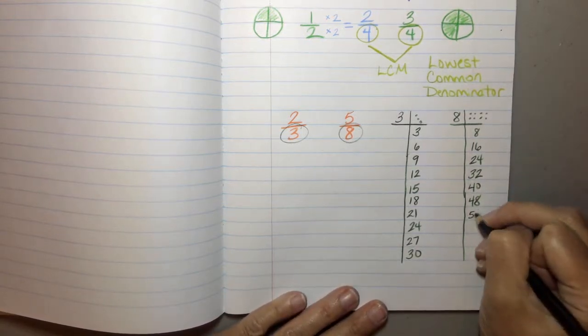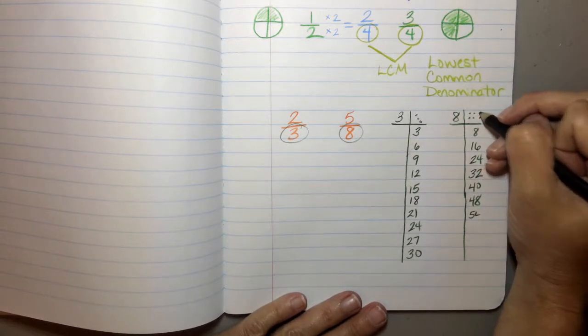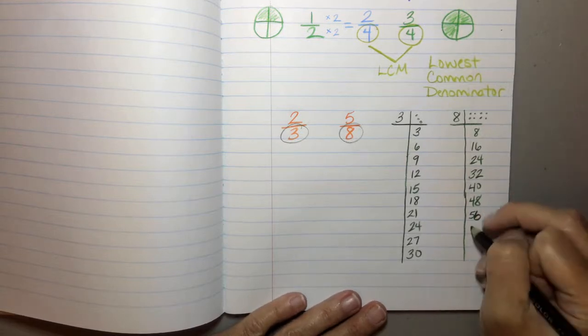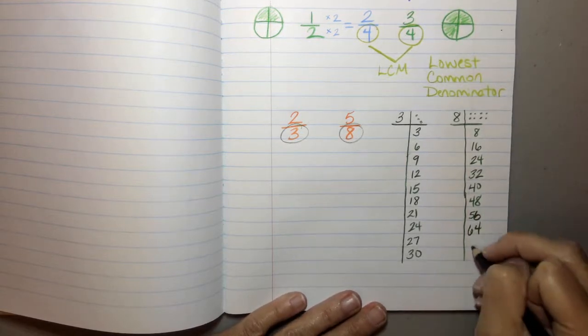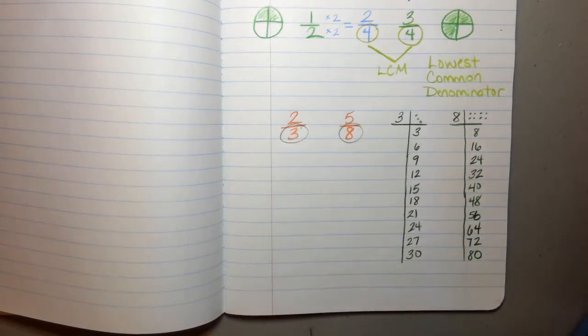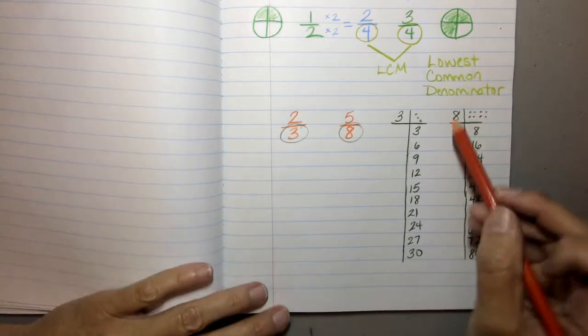Okay. 48, 49, 50, 51, 52, 53, 54, 55, 56. See, I wasn't sure, so I double checked myself. 64, 72, and 80.